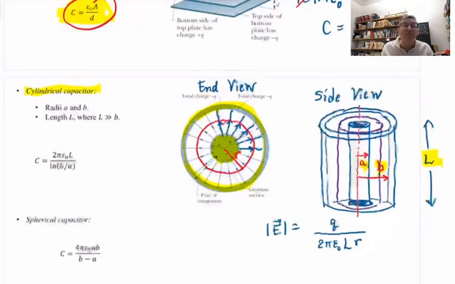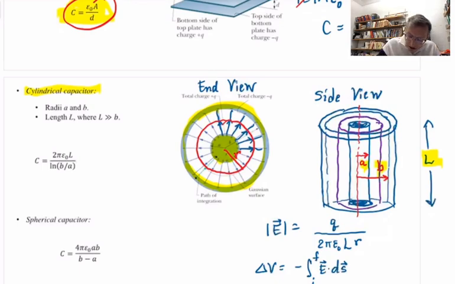That's a chapter 23 problem using Gauss's law for cylindrical symmetry. Then you use delta V equals negative integral from initial point to final point of E dot ds, and integrate that electric field to get a formula for the potential difference. The path starts at a point on the outer cylinder, I, ends at a point on the inner, F, and goes in a straight radial line against the electric field.